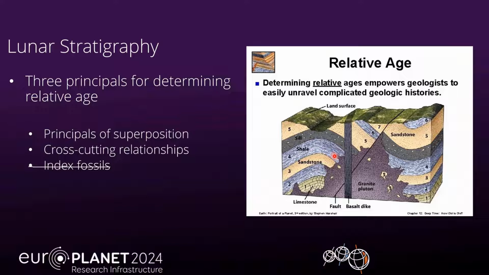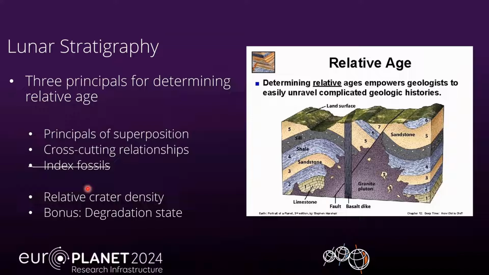Now on the Earth, there's also the possibility to use index fossils, and that, of course, is not something that we have available on the Moon. But we do have a couple of additional principles that we can use for determining relative age. One of those is the relative crater density, and we'll talk about that in great detail today.